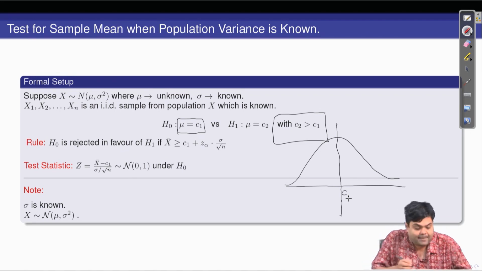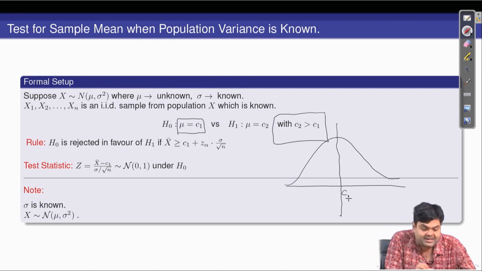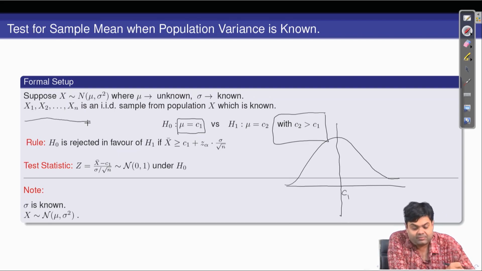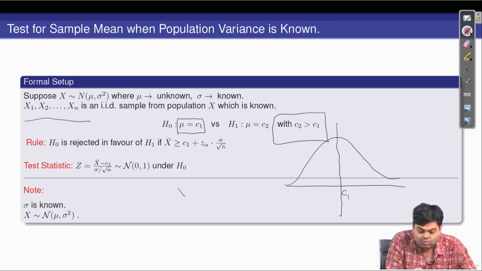If you draw a random sample x1, x2, ..., xn from this population and take the normalized sample average, you know this is a normal population, so the sample mean is also normal.